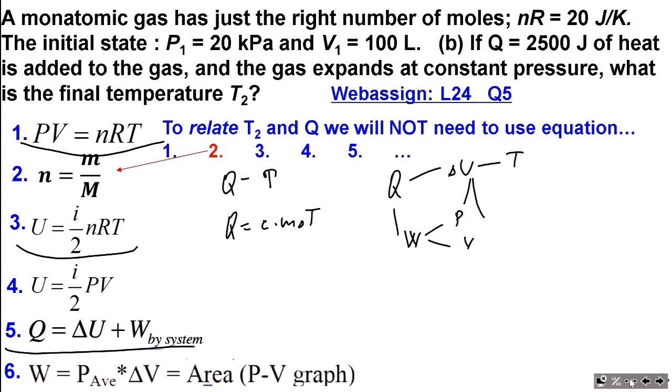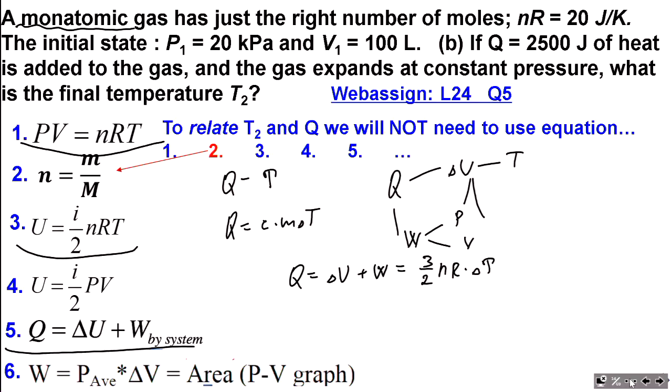Now, after having an idea, we have to give it a try. Q equals delta U plus W, which is, for the monatomic gas, the number of degrees of freedom i equals 3. So 3 over 2 n R times delta T.